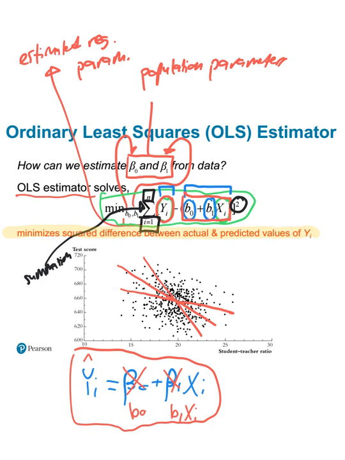So in simple terms, the OLS estimator for both beta0 and beta1 is going to minimize the sum of our squared mistakes: yi minus yi hat. If there's a difference, it's because we made a mistake estimating this yi hat.